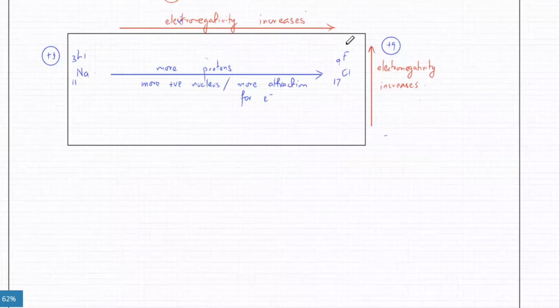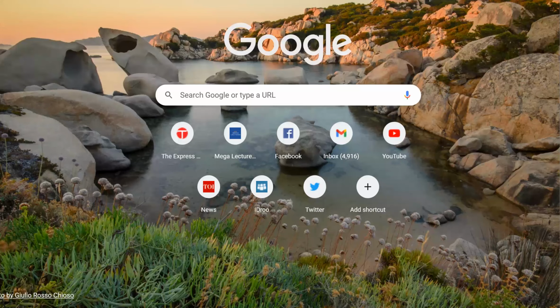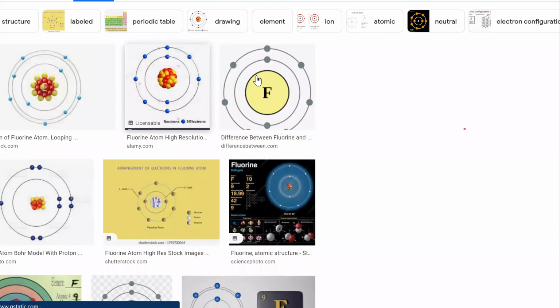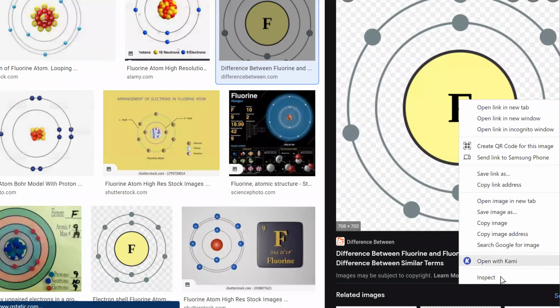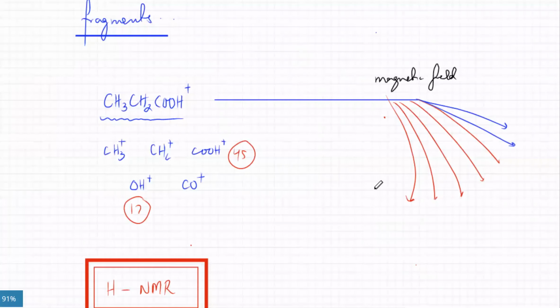So I'm just going to draw fluorine and chlorine, and then bromine, and then you've got iodine, right? Let's copy and paste a few atoms.